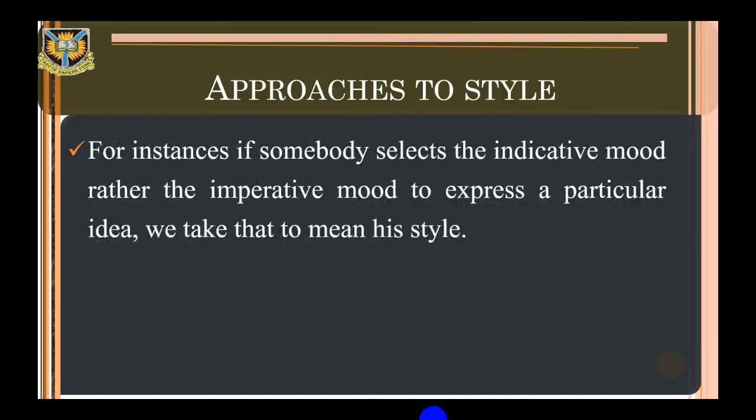For instance, if somebody selects the indicative mood rather than the imperative mood, it expresses a particular idea. We take that to mean a style.